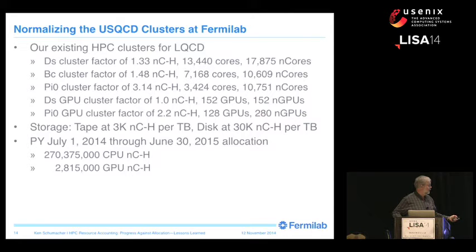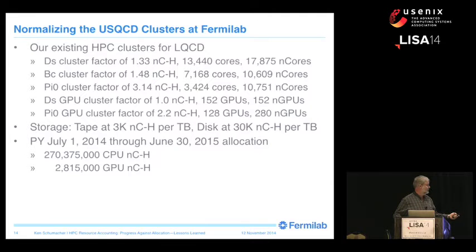If you multiply that by the normalizing factor, it's almost 18,000. The BC cluster, faster yet, 1.48 times the number of core hours, and that converts over to JSI hours again. So that's half the size, and it's almost 11, it's 10 and a half thousand core hours or cores.